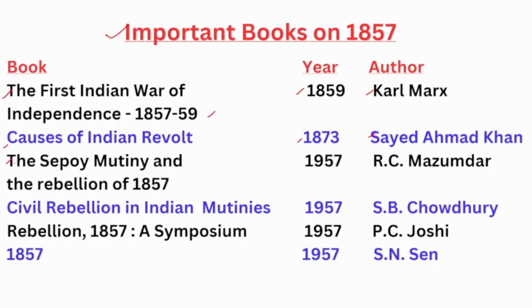The Sepoy Mutiny and the Rebellion of 1857 was written by R.C. Mazumdar in 1957. Civil Rebellion in Indian Mutinies was written by S.B. Chaudhary in 1957. Rebellion 1857, a symposium, was written in 1957 by P.C. Joshi, and 1857 was written by S.N. Sen in 1957.